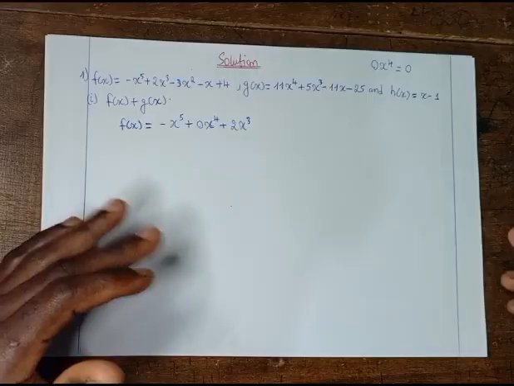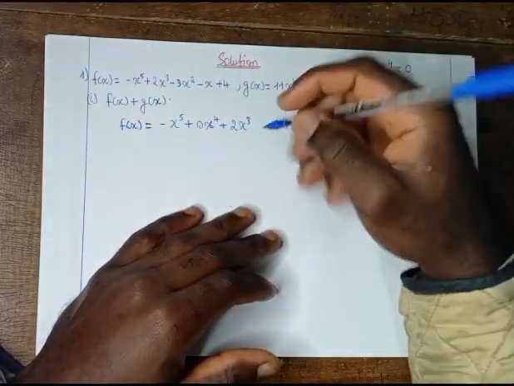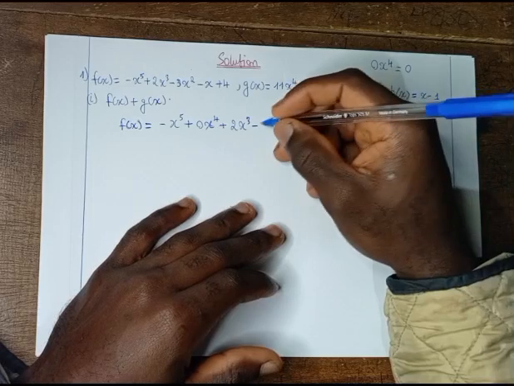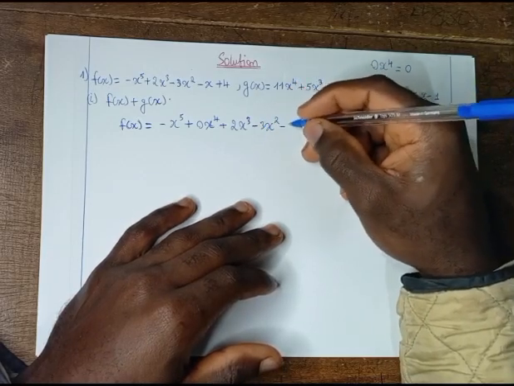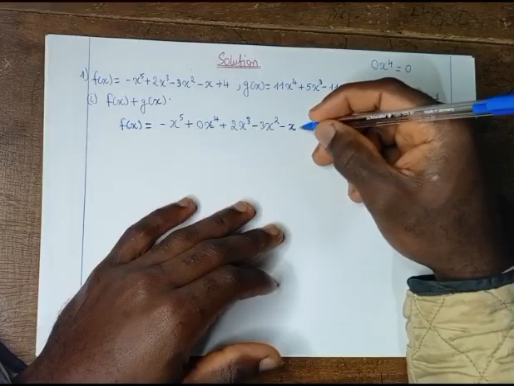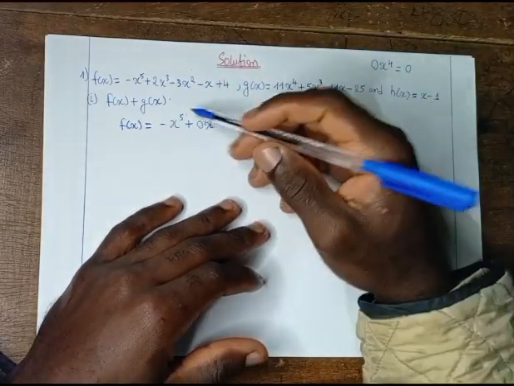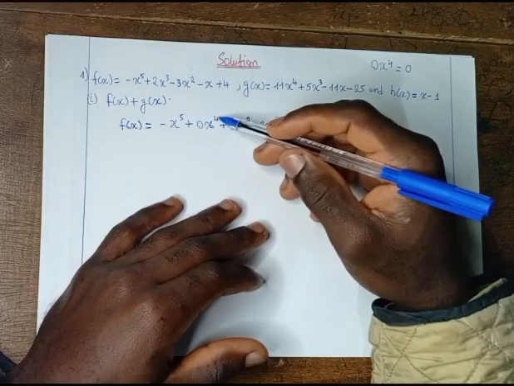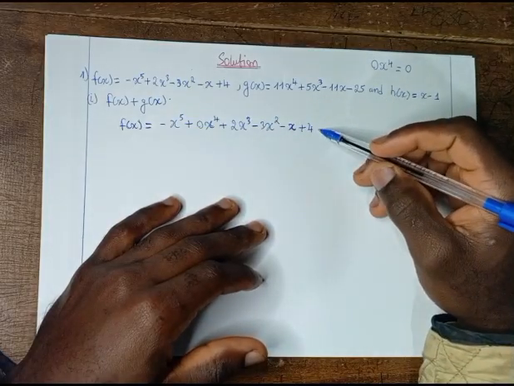Nothing new has been done. We are just doing this so that we can easily add these two polynomials. Minus 3x squared minus the term in x to the power 1 plus the constant term. Now we can look at the powers. The highest power is 5, next 4, 3, 2, 1, 0.